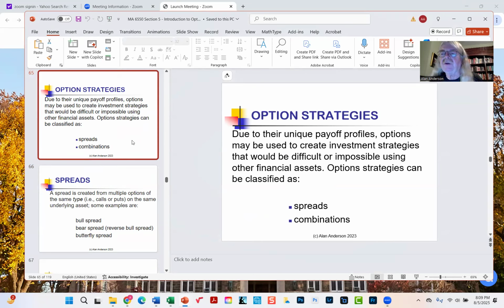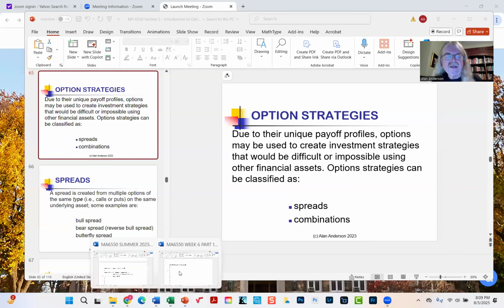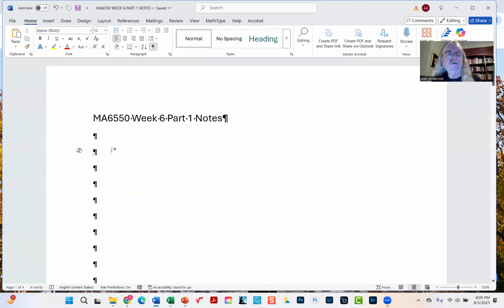Basically, we're going to consider two basic types of strategies: spreads and combinations. The way this works is that spreads are set up by combining either two or more calls or two or more puts. It's not going to be both. That's the key to the whole thing. Either you have two or more calls, and it could be any number, but two is often the number that you'll see in one of these positions.